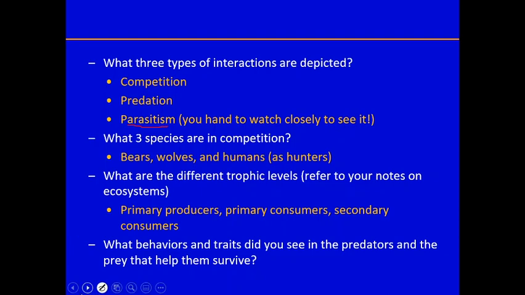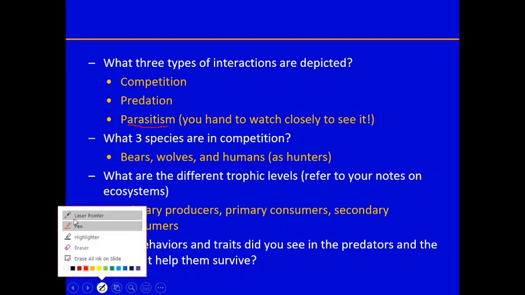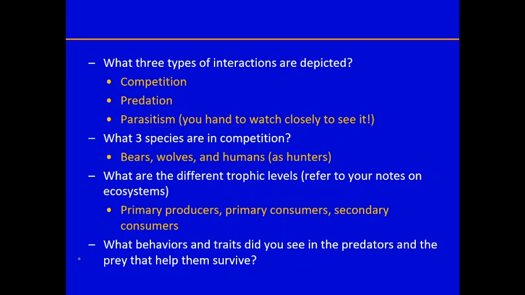Okay. All right, so what were the 3 species that were in competition? The video is mainly about the competition between bears and wolves, but they did mention that there's some conflict with hunters, where humans, hunters early on in the introduction of the wolves complained that the wolves were going to kill off too many elk so that they couldn't do the hunting outside of the park, because these elk herds wander in and out of the park.